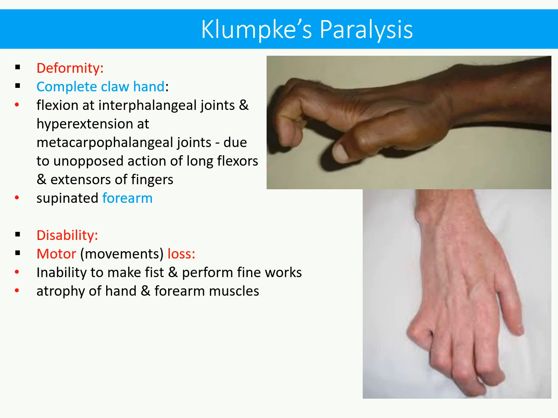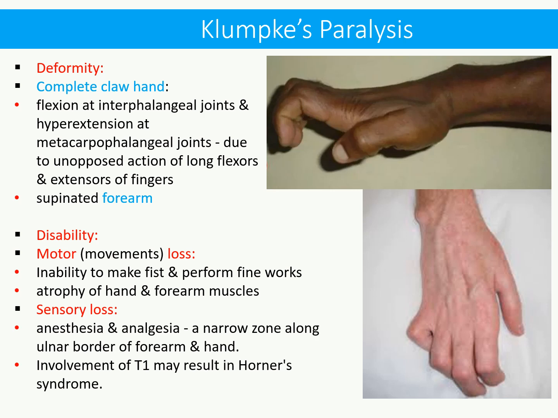Disability includes motor loss in the shape of inability to make a fist and perform fine works. There is atrophy of hand and forearm muscles. Sensory loss is present as anesthesia and analgesia in a narrow zone along ulnar border of forearm and hand.